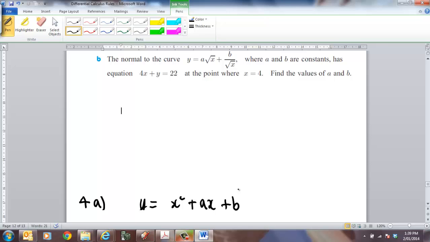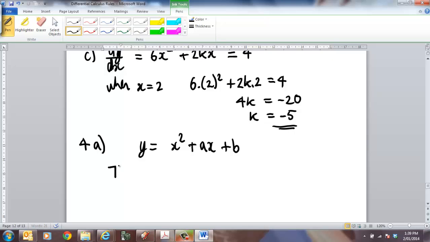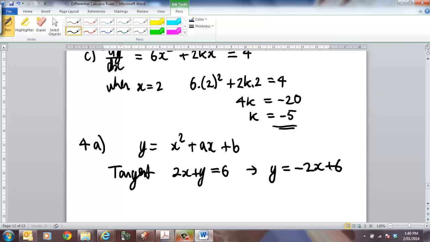And we've been given the tangent to that, so you have to think about all the information you've got. Your tangent is 2x plus y equal to 6. From that information, y is equal to minus 2x plus 6. So we know the slope of the tangent, and we know that occurs when x equals 1.